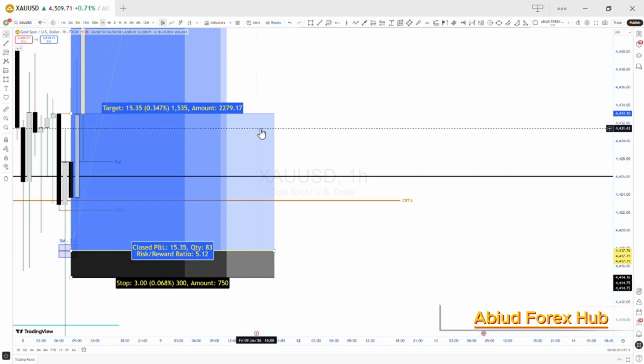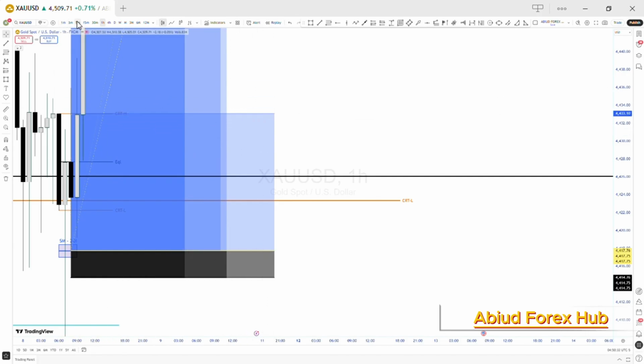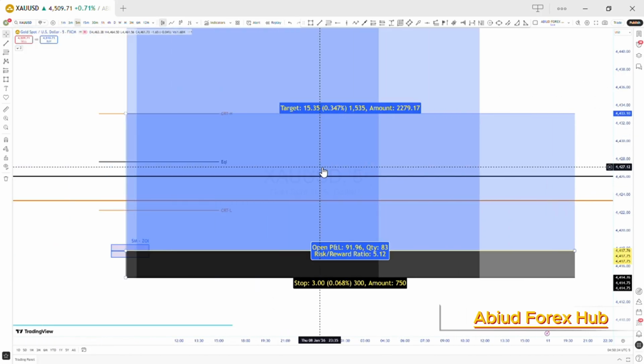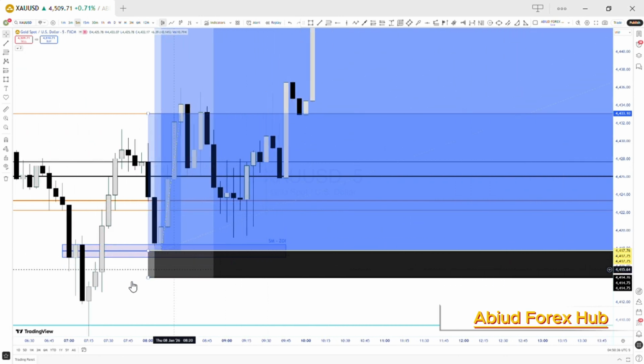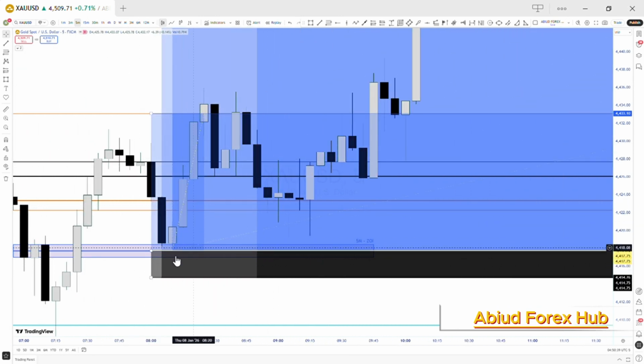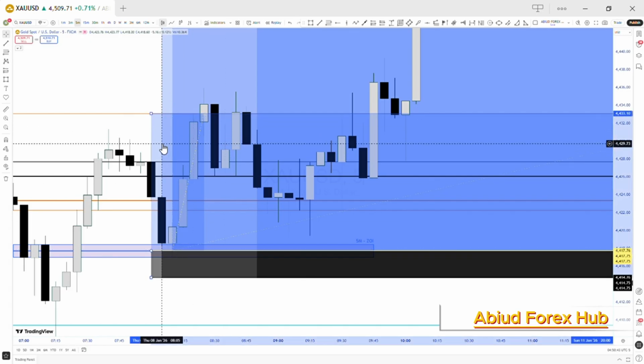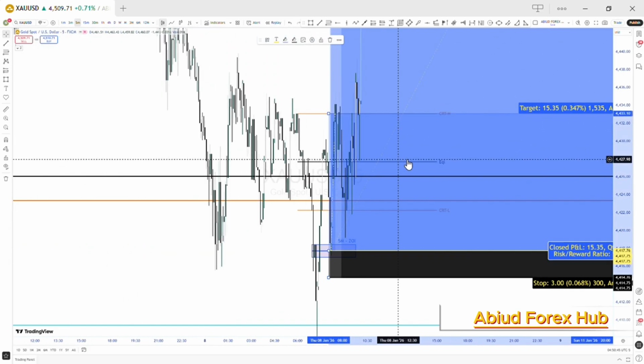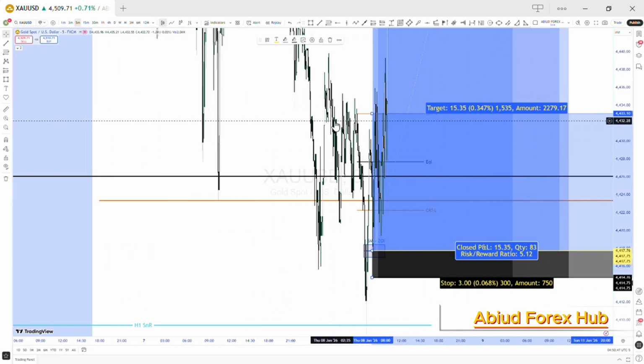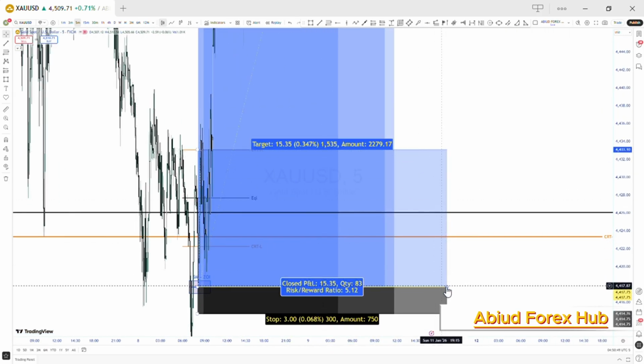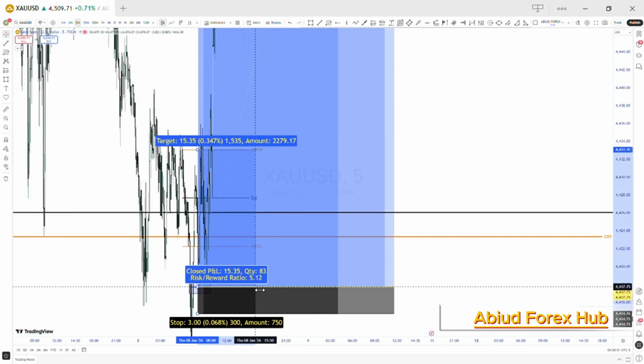Therefore, let me go back to 5 minutes so that you see it clearly. Yes, you see, we hit our profit here at this level. From here up to here, that was around 150 pips, right? So that's 150 pips that you would have gotten, but we are targeting higher.